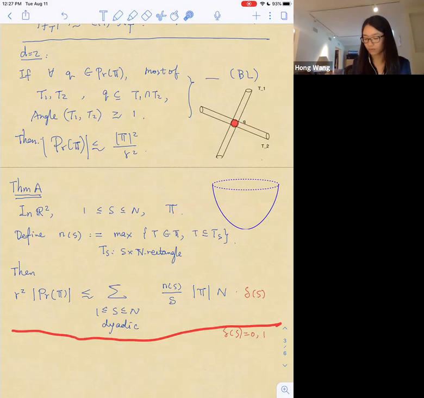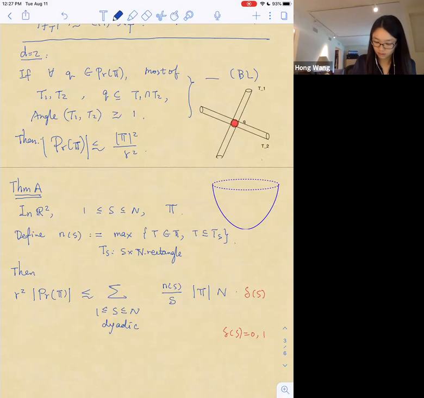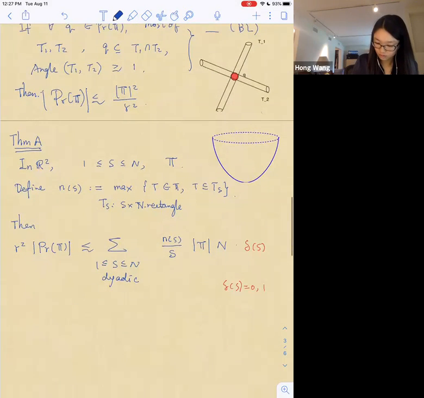So now we look at this complicated looking estimate. First of all, there is the parameter NS. When S equals 1, N1 will just be 1.